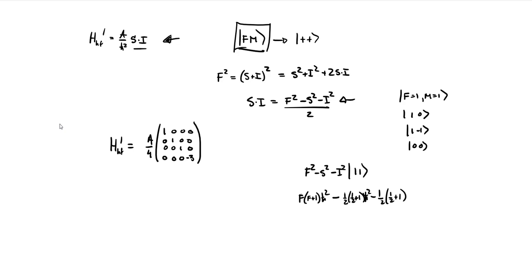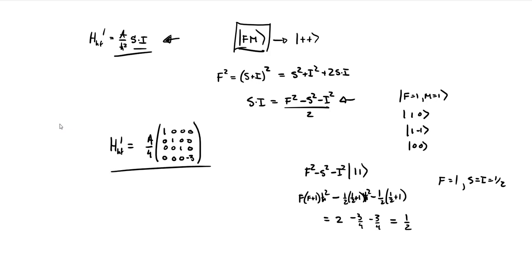If we plug in F equals 1 and S equals I equals 1/2, this is equal to 2 minus 3 over 4 minus 3 over 4, which ends up being equal to 1/2. So pull out the 1/2 up here, and we get this matrix.